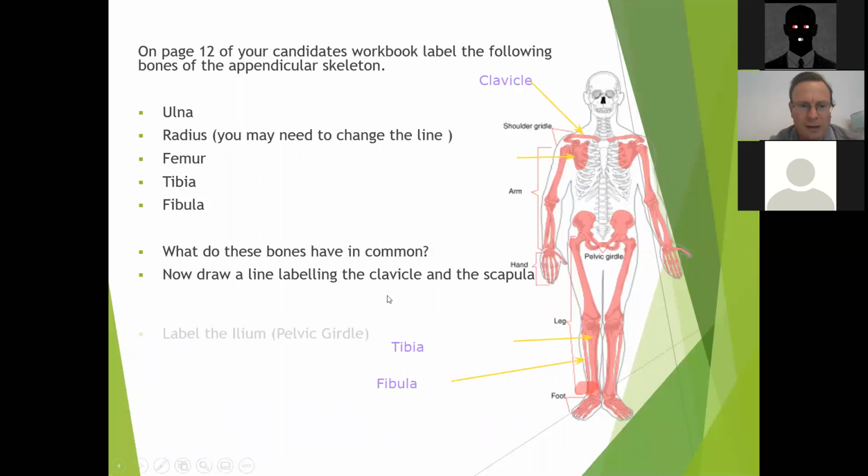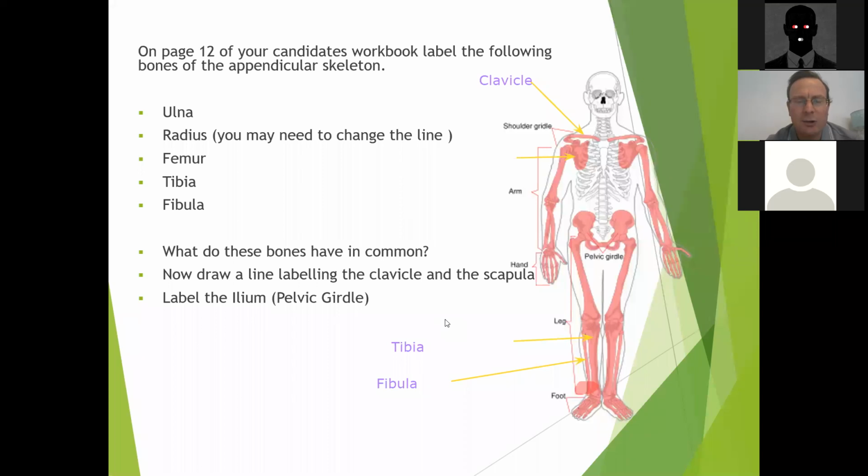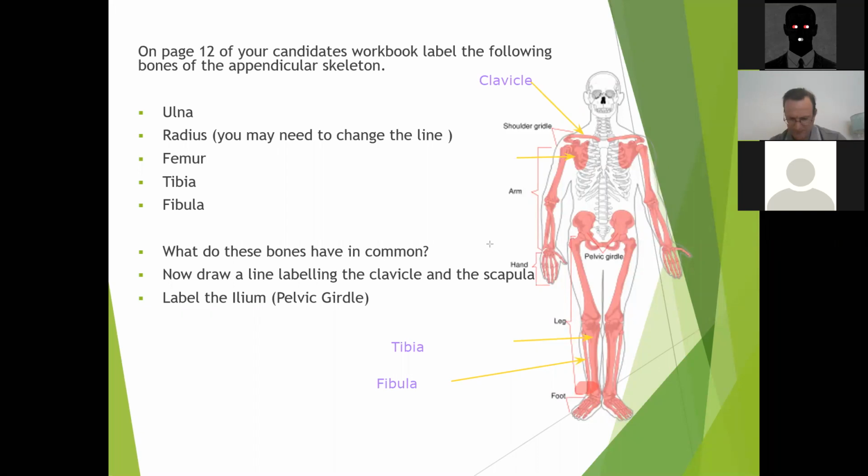I've got another question on here. Oh, the last one. Oh yeah, you're going to label the ilium, which is on the pelvic girdle. Now, your picture is imperfect. Who would have believed? So what I'm going to get you to do is, what you can see, it's on the right hand side.